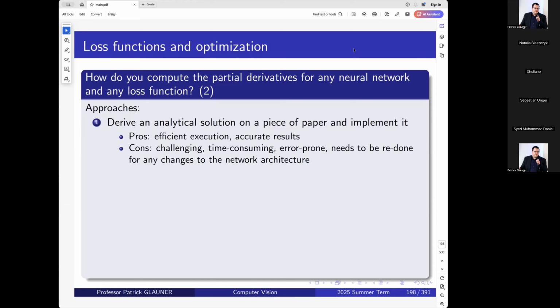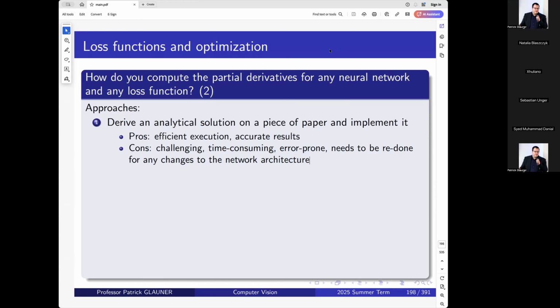And if you just make one tiny change to your neural network, you can start from scratch figuring out what the analytical solution of your partial derivatives would be. So it's not an automated process. So you would need to run backpropagation on a piece of paper in order to find this out for your structure. Very challenging, very time consuming, error prone, and needs to be done for any changes in the neural network.